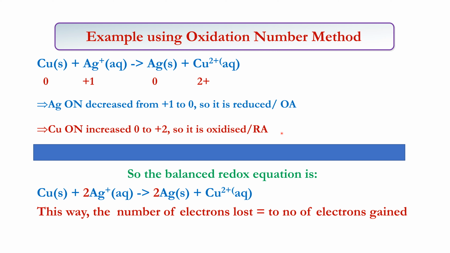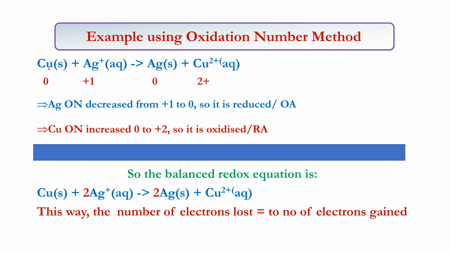And since copper is oxidized, it must be the reducing agent, because a reducing agent is oxidized during a chemical reaction. So in this equation, silver is reduced and silver is the oxidizing agent. Copper is oxidized and copper is the reducing agent.